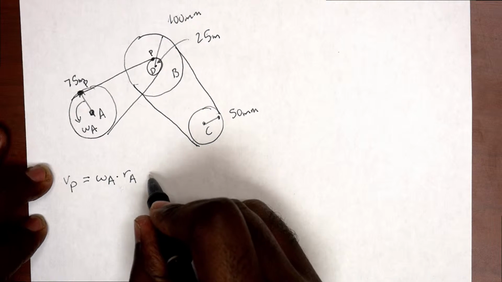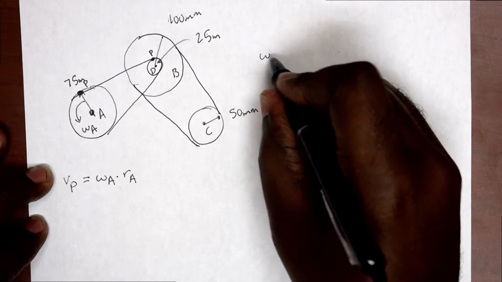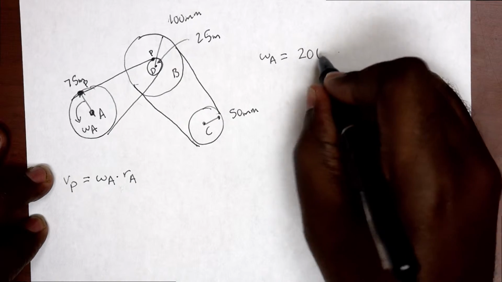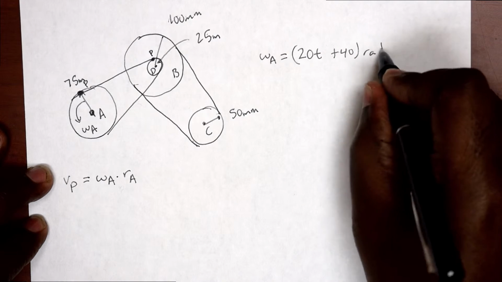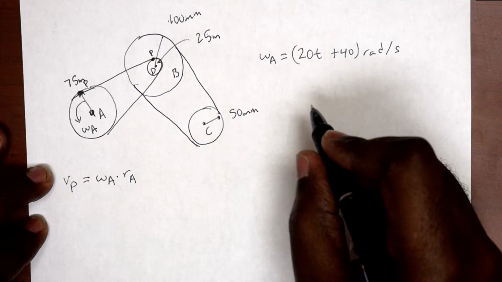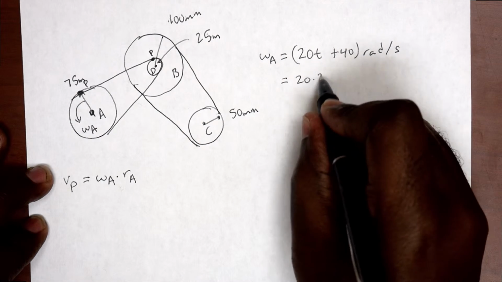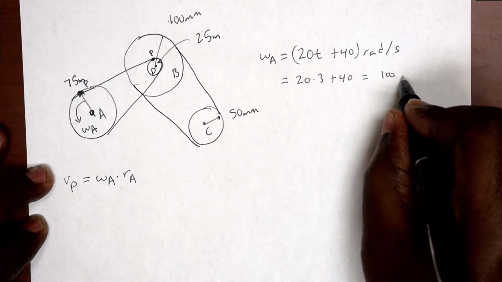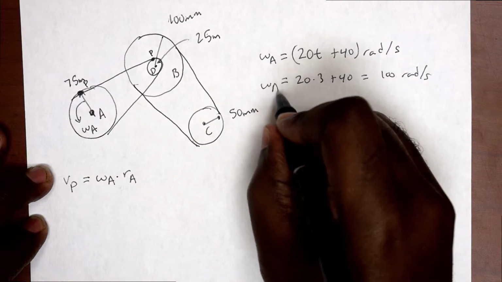And so we actually know all of those values because we know omega A. Let's real quick, omega A is given by the relationship 20t plus 40, and that's all in radians per second. And we know that it asks for when t is equal to 3 seconds, so that would be 20 times 3 plus 40, so that's 100 radians per second. So that's what omega A is.